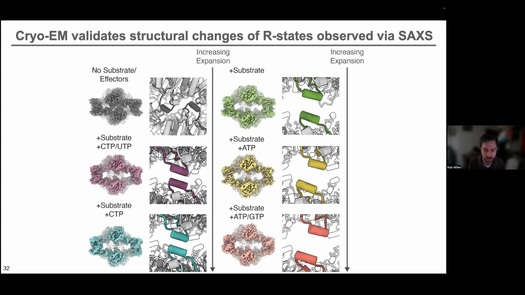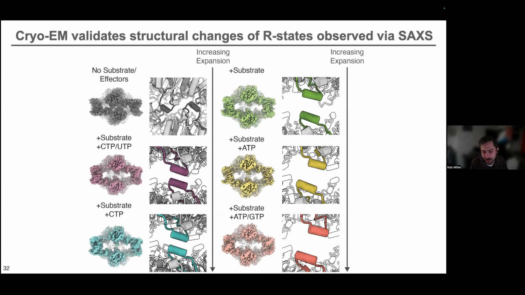It's responsible for binding the second substrate. And we can see as we go across these different nucleotide-bound states that the degree of structural expansion, as measured from this distance between the opposing 240s loops, is expanding. Again, really strongly suggesting that these nucleotides are directly altering the quaternary structure of ATCase.